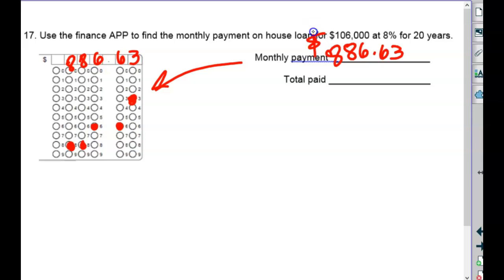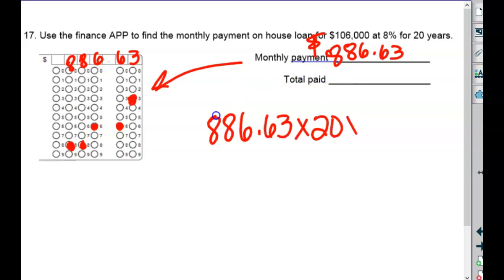I am quite likely to check these over, so make sure you write in this box, because if you accidentally bubble wrong, I can still give you the credit, because we're not used to doing them this way. Does that make sense? Okay, total paid, you would do 886.63 times 20 times 12, or 240.